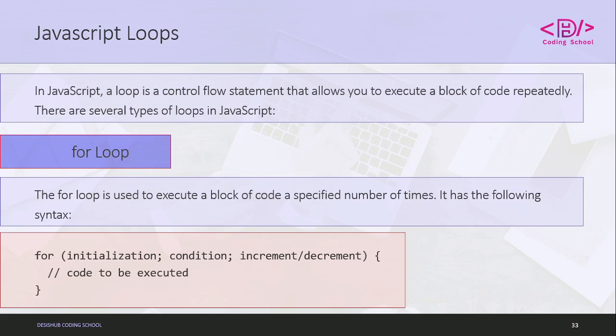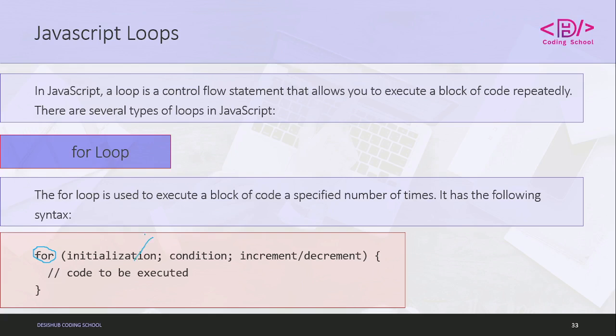The for loop is used to execute a block of code a specified number of times. The syntax looks like this. I always take my time to explain this syntax, but just know that you have the keyword for, which is used to start the for loop, and the for loop takes in three arguments.